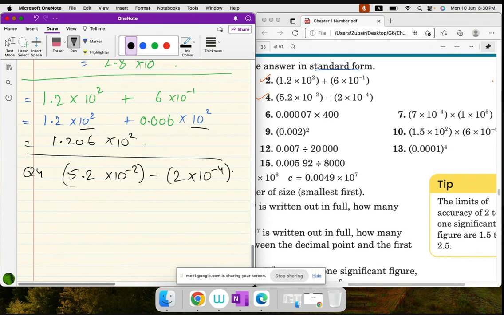Oh, it's the same, maybe. 5.18 times 10 to the power minus 2. So I think I leave 5.18. Are you rounding it off? No, sir. Wait, 5.18 into 10 raised to the power. 1 second.